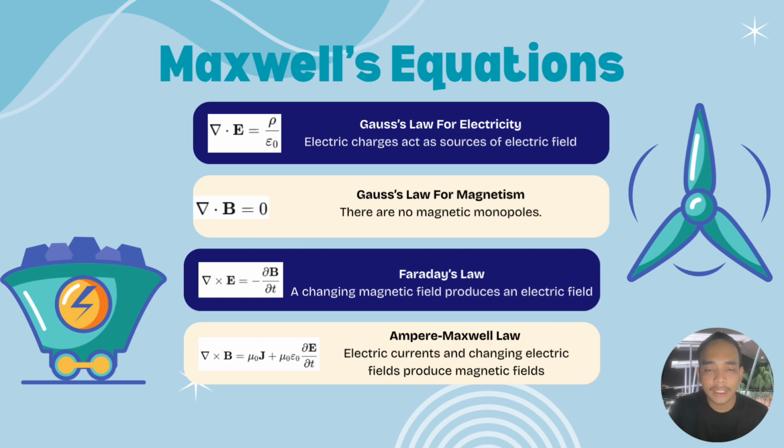Third, Faraday's law, del cross E equals negative partial B over partial t. Fourth, Ampere-Maxwell law. Del cross B equals mu naught J plus mu naught epsilon naught partial E over partial t. These four equations provide a complete description of electromagnetic behavior.